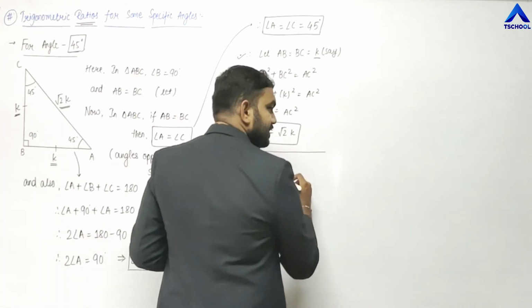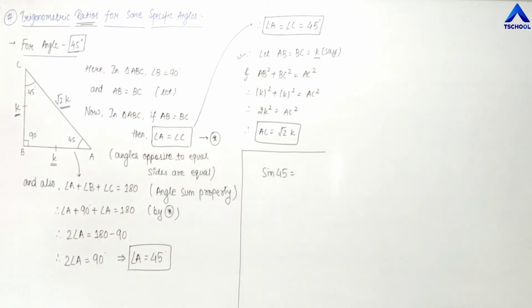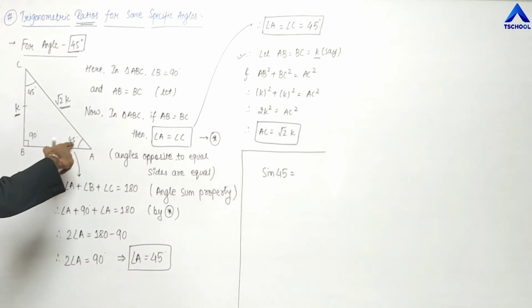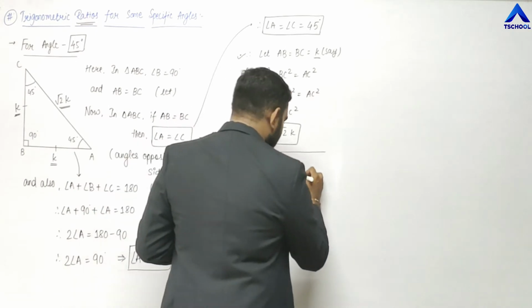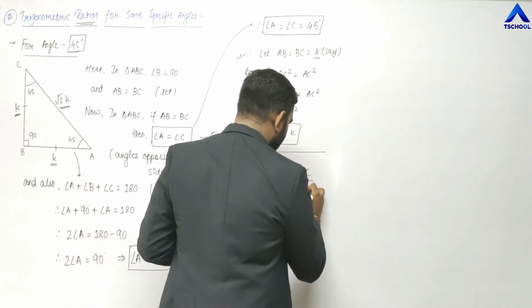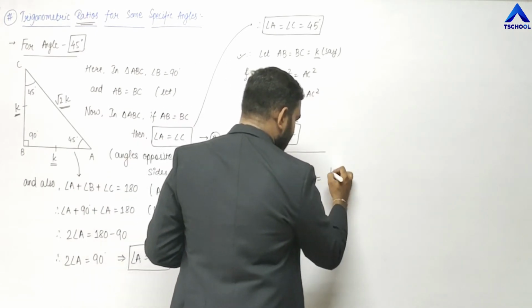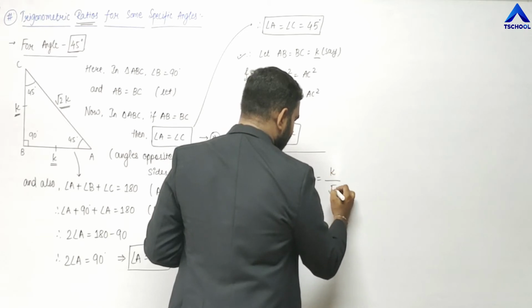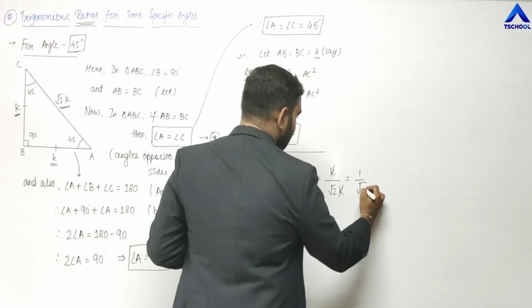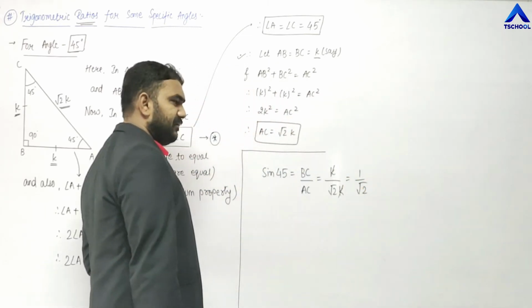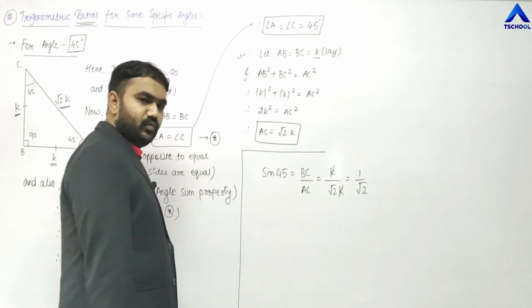Opposite side divided by the hypotenuse. If we take this as our reference angle, then opposite side is BC divided by hypotenuse AC. BC upon AC. What is BC? K. AC, that is root 2K. K and K is cancelled, and hence we get sin 45 as 1 upon root 2.